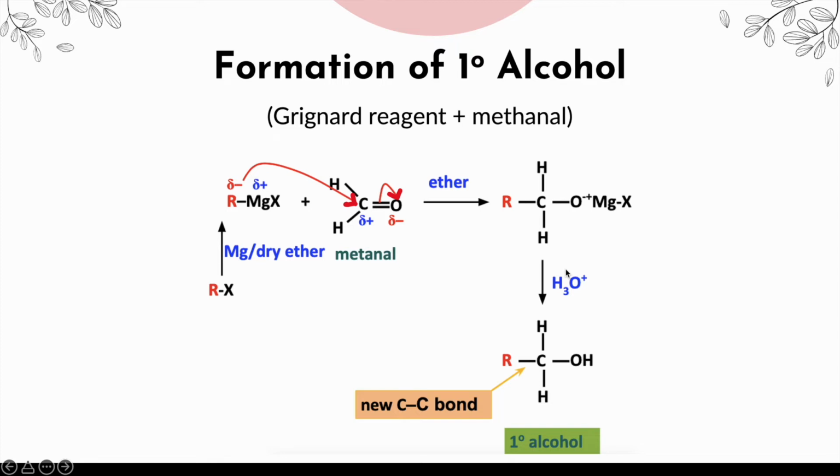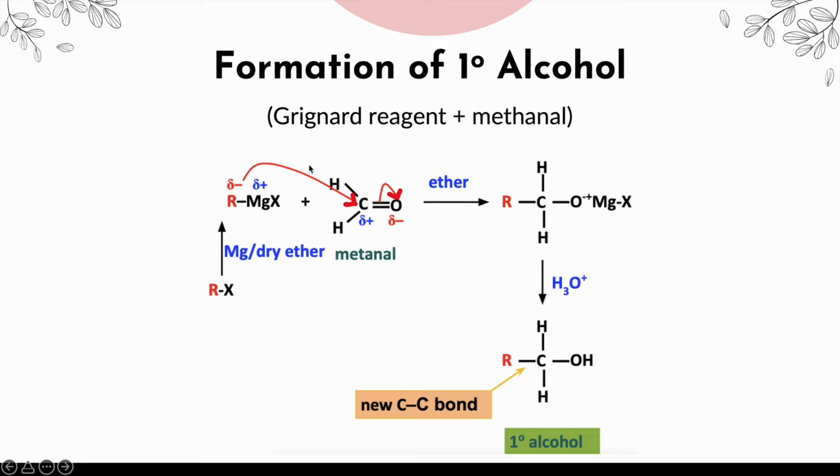Followed by acidified water. So this is step by step. First, if you react with ether, this R will attach to the carbon over here. The R of the Grignard reagent will form bond with the carbon here, R delta minus, this carbon delta plus.